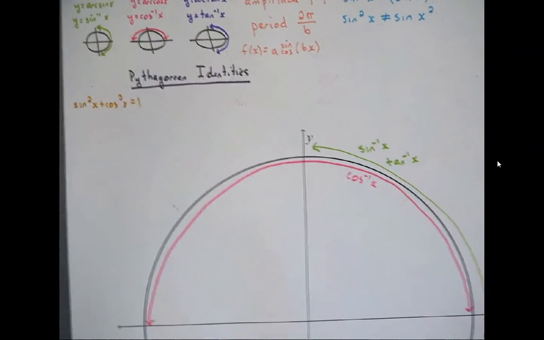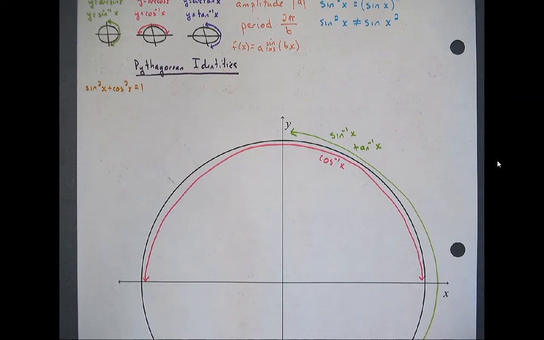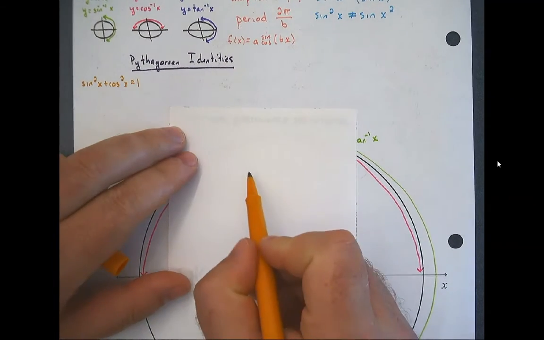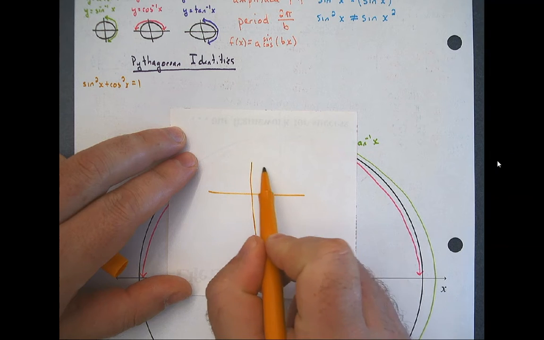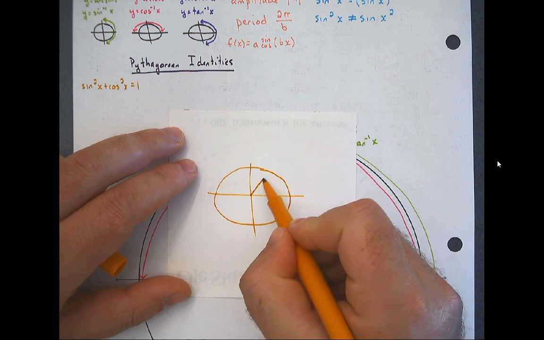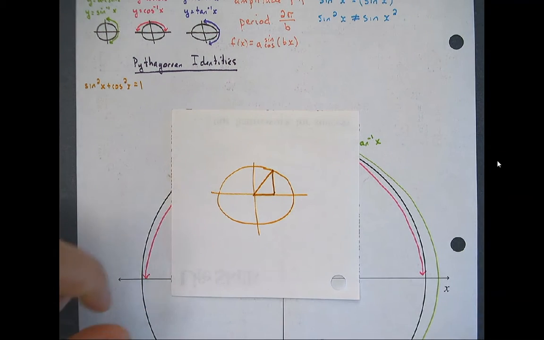Normally I do this on the board, but we don't have a board here. All I have is this camera. So I'm going to show you on this little piece of paper. Let's say you're anywhere in the unit circle, and I go to any rotation. I'm just going to live in the first quadrant because it's easier. So here I am in the first quadrant.